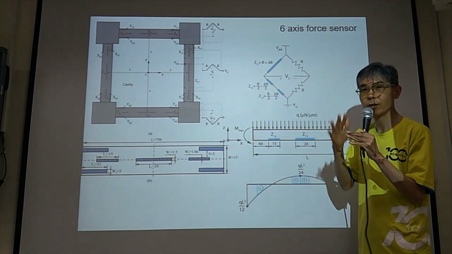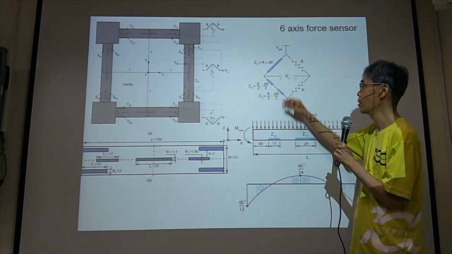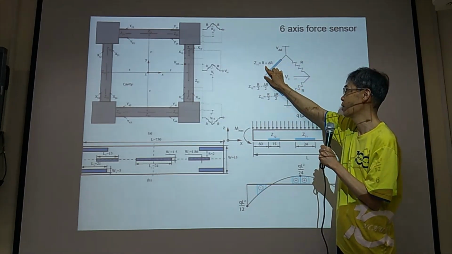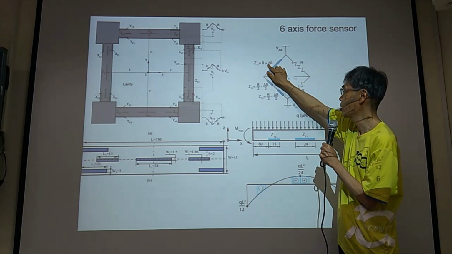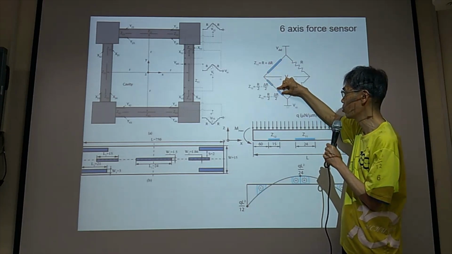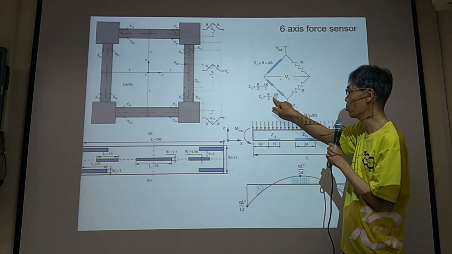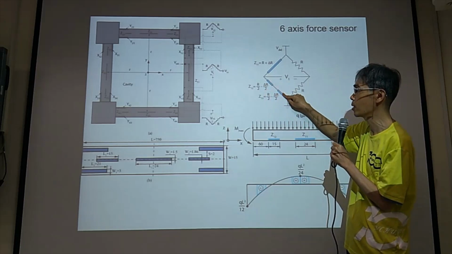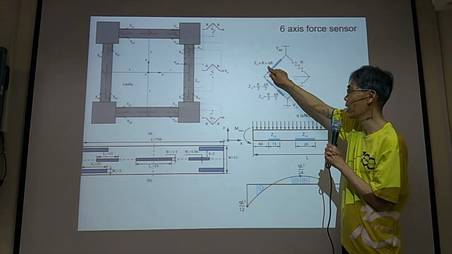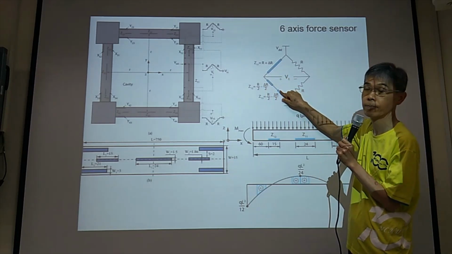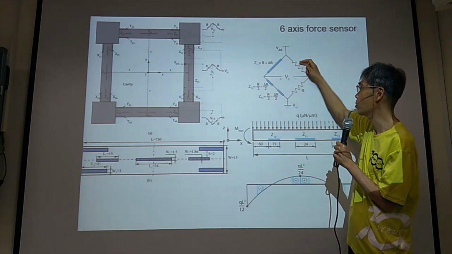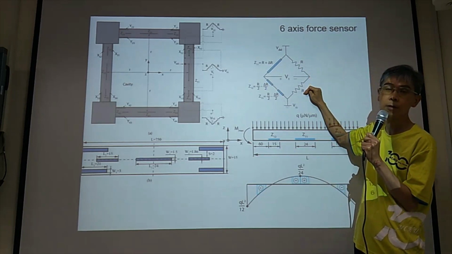Then we just assemble them together. We have 3 strain gauges: 1 strain gauge with delta R, and 2 small strain gauges with minus delta divided by 2, minus delta divided by 2, in series. So the total is minus delta R here, and plus delta R there. So we create a strain gauge and 2 reference resistors.